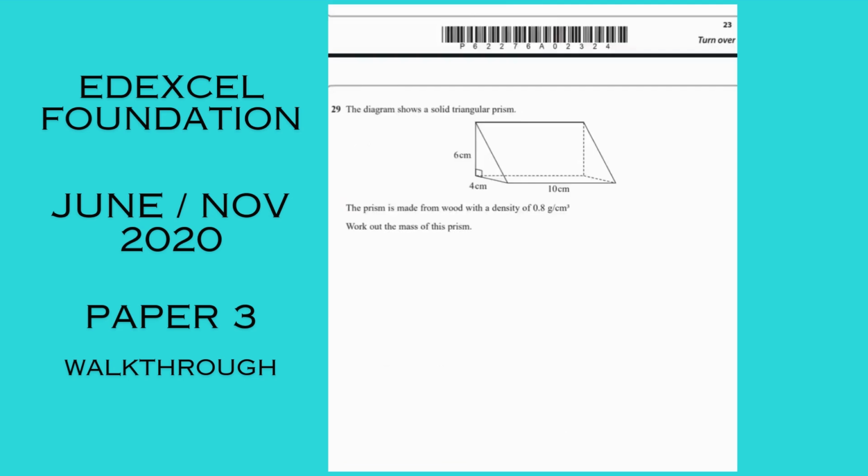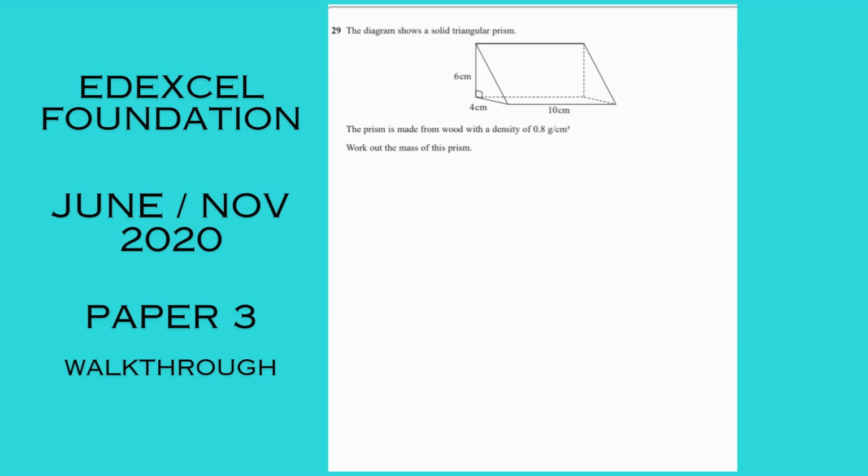And finally, triangular prism. Now, first of all, triangle. Area of a triangle, half base times height. It's 12, because we halved it. 6 fours are 24, halved. So volume, 12 times 10. Volume is 120.